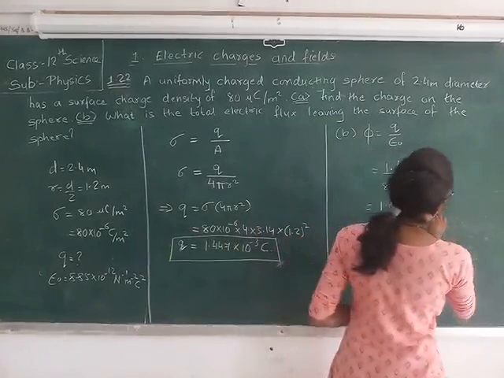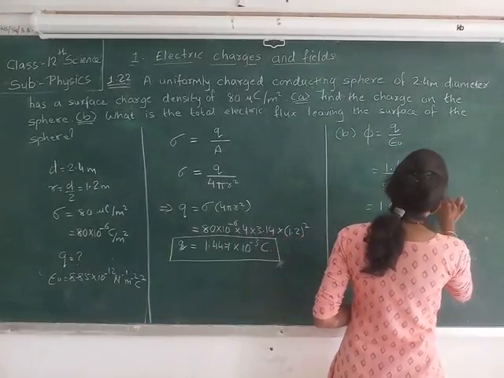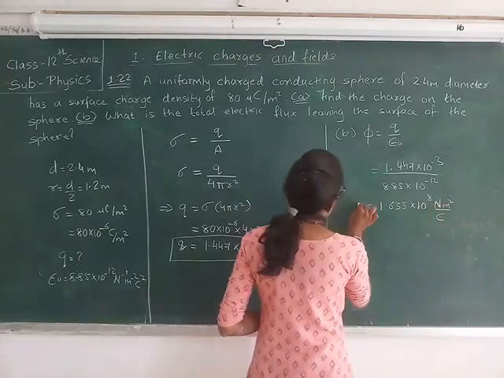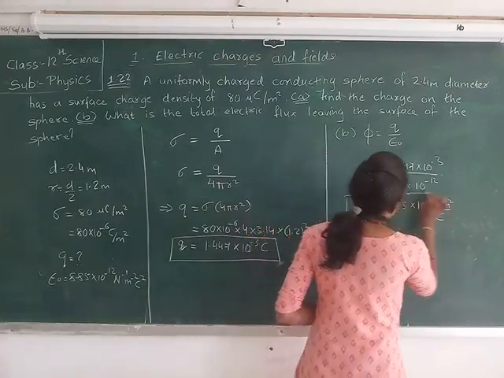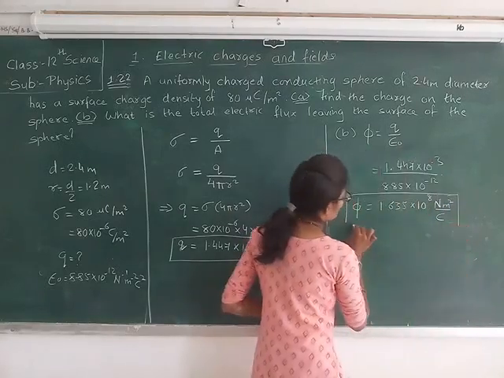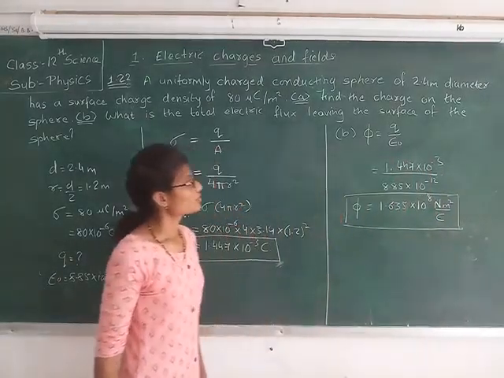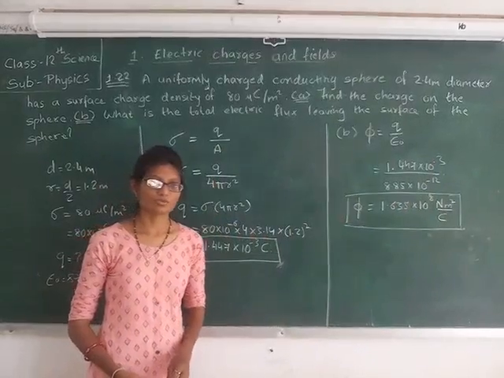Unit for this is Newton meter square per coulomb. So this is the value of the flux, 1.635 into 10 raised to 8 Newton meter square per coulomb. So students, you may note down this numerical.